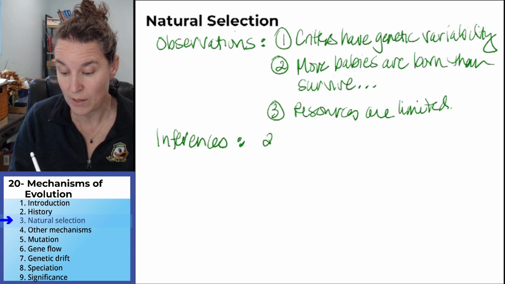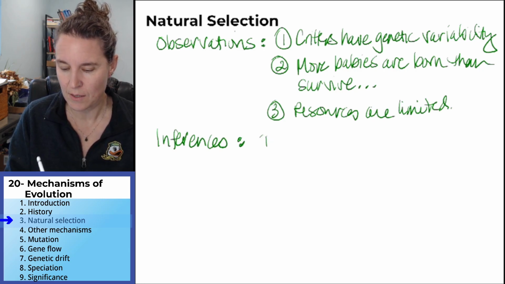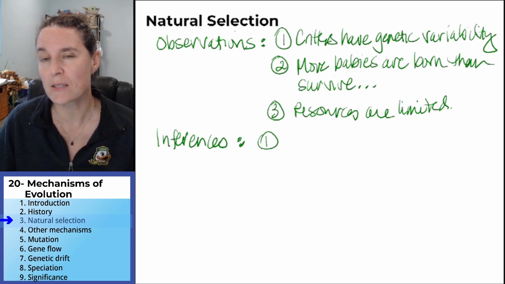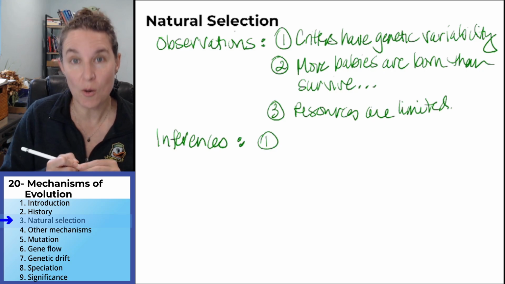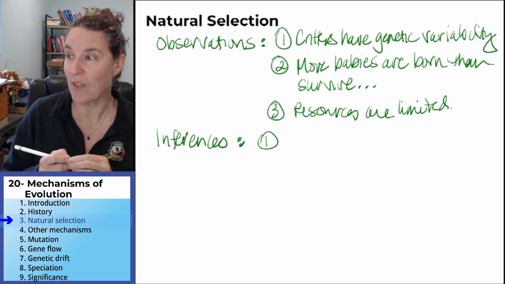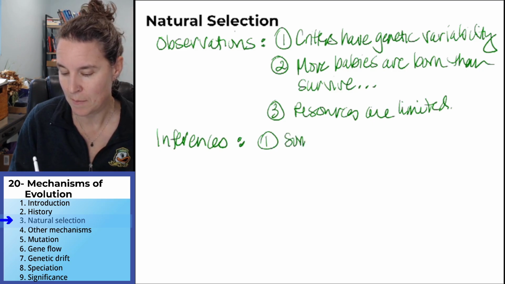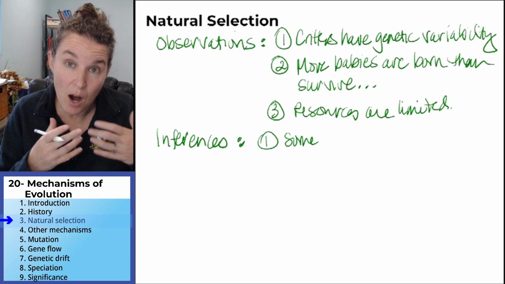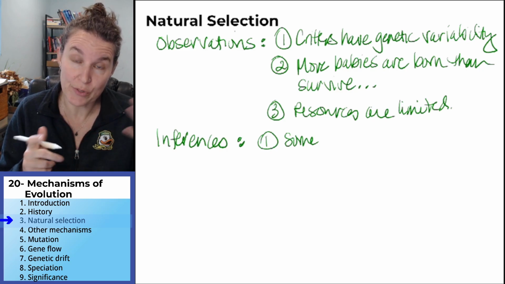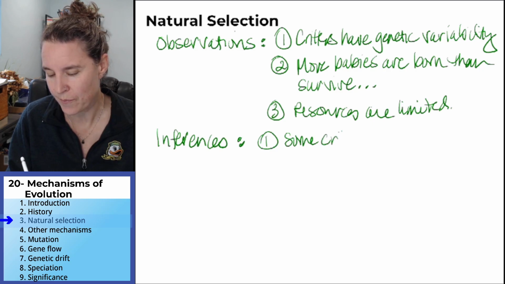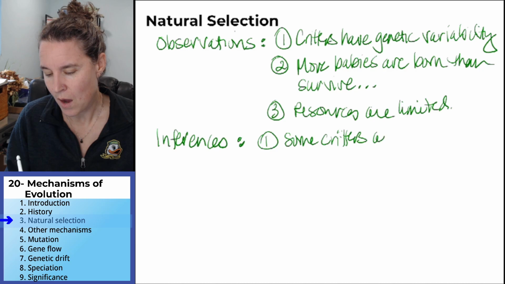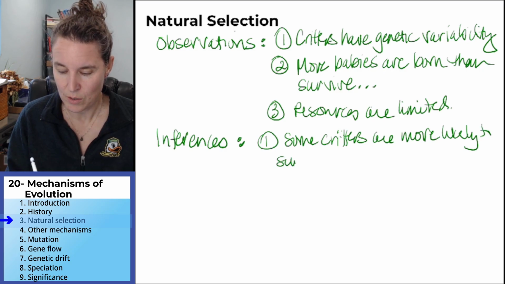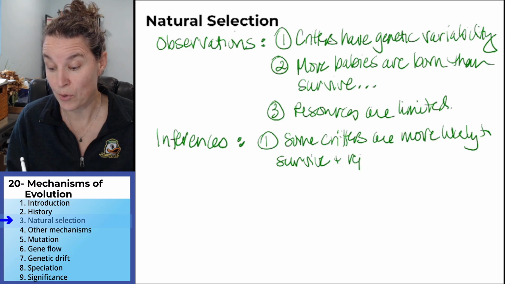And he drew two inferences. His first inference was, some critters are more likely to survive and reproduce than others. Some of the critters are more likely to survive and reproduce than others.